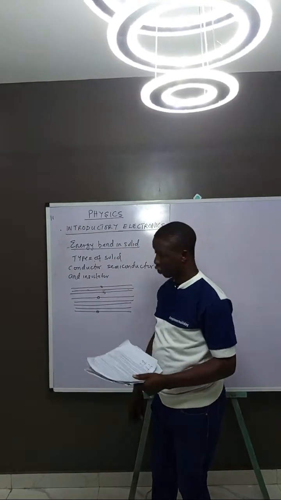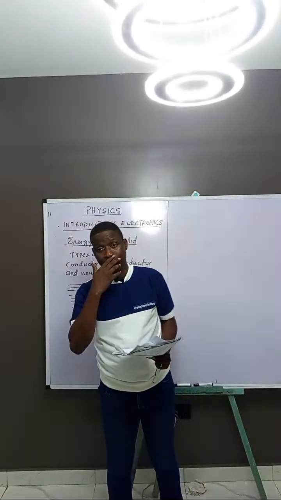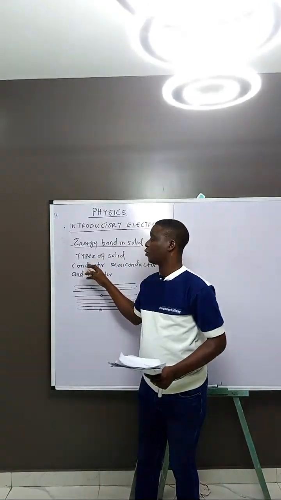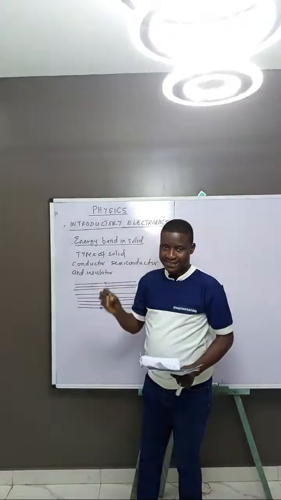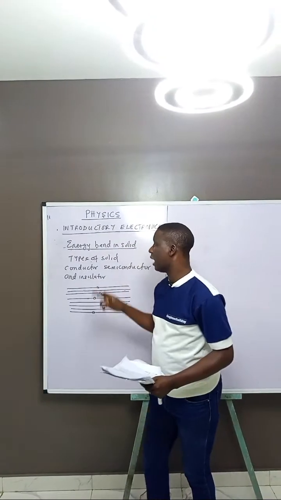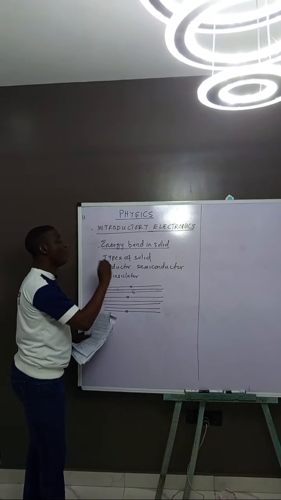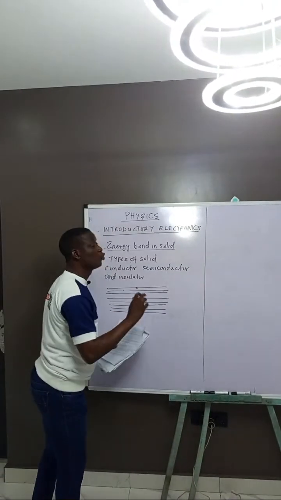Now let us talk about the types of solid, because we don't have enough time. Solids are conductor, semiconductor, and insulator. Conductors are materials that allow free mobile electrons to flow through them.